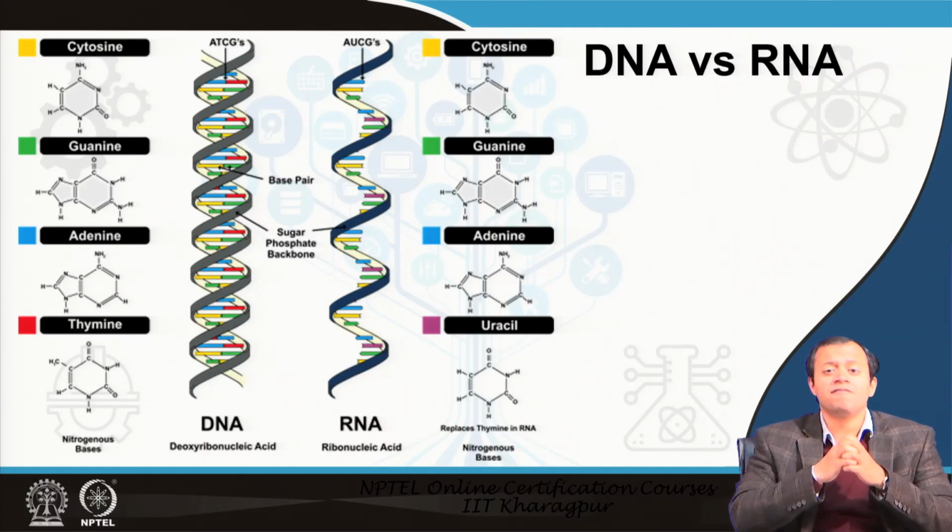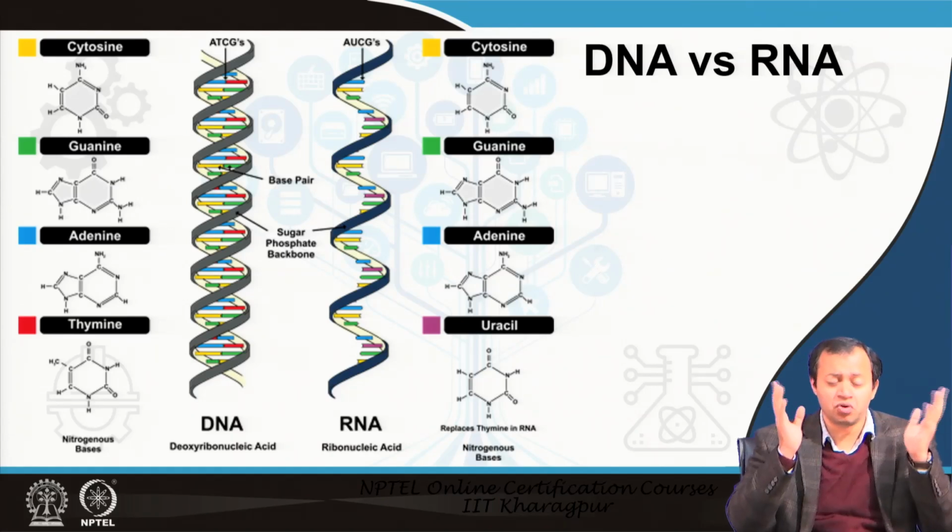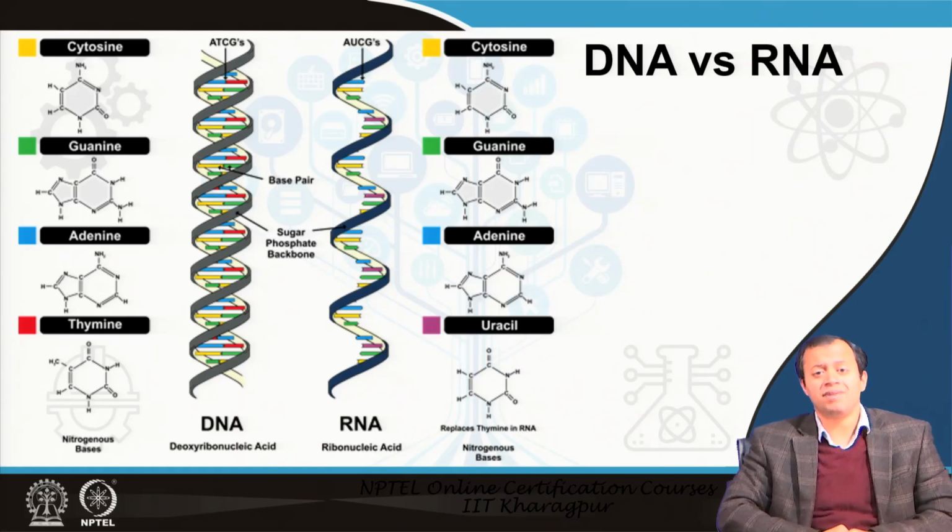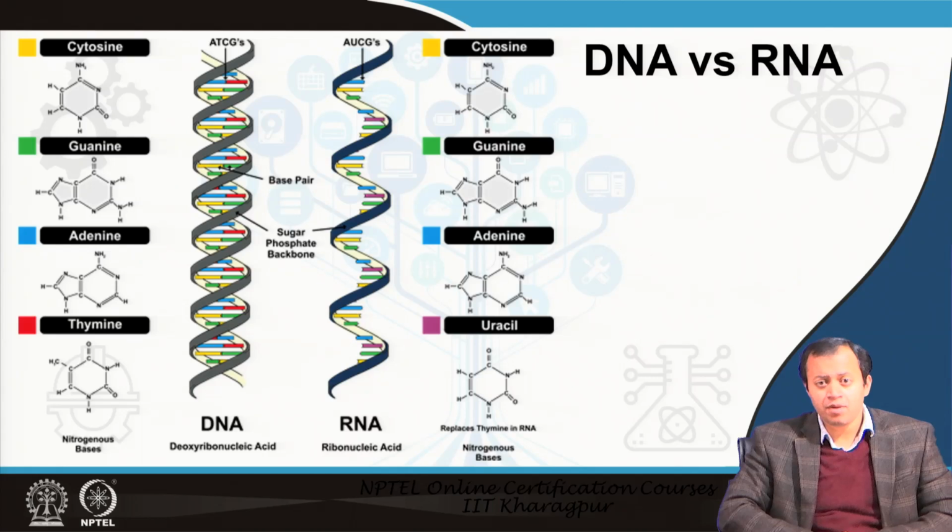Some people consider viruses as one of the old life forms, though the term life is debatable here, but the genetic material present inside viruses could be both DNA as well as RNA.